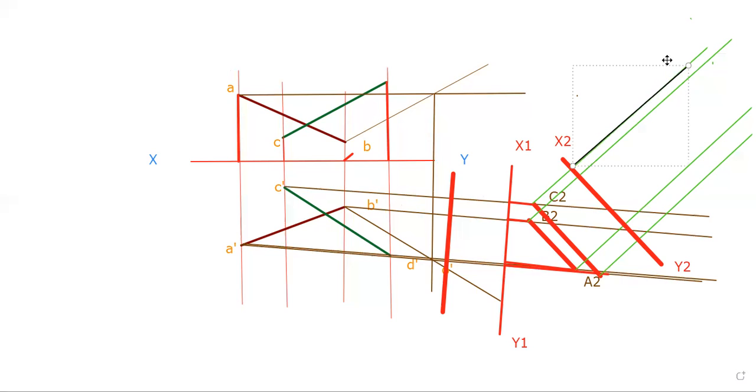Yes. Let's use my line. So this now is C2. It's important that you label as you go. Very important that we label as we go.